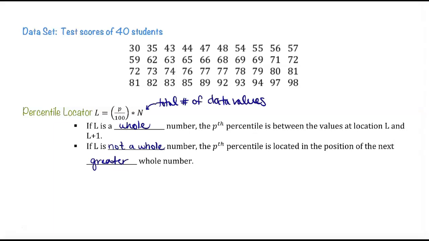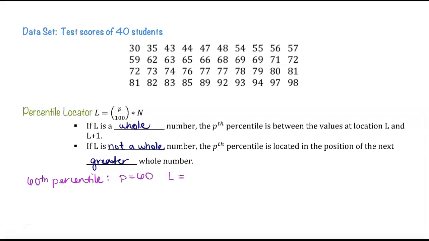Let's try a couple of examples. Suppose we want to find the 60th percentile. In this case, our p is equal to 60, and we can calculate our locator value L by dividing p by 100 and multiplying by n, the number of data values. In this case, with p equal to 60, we have 60 divided by 100 times 40, because there's 40 test scores. Putting this into our calculators, we find that L is equal to 24.